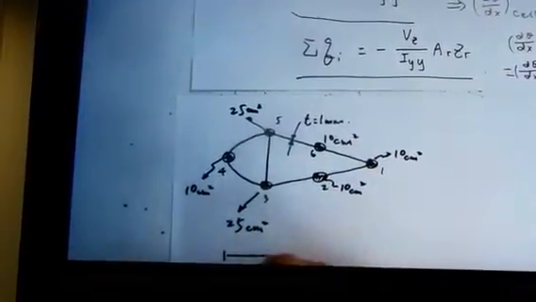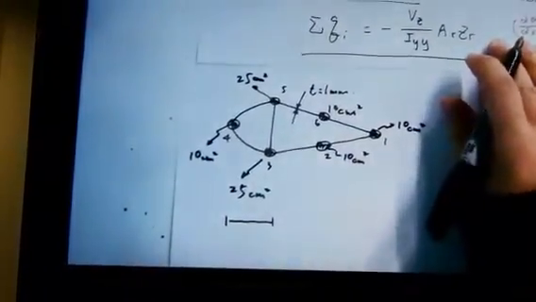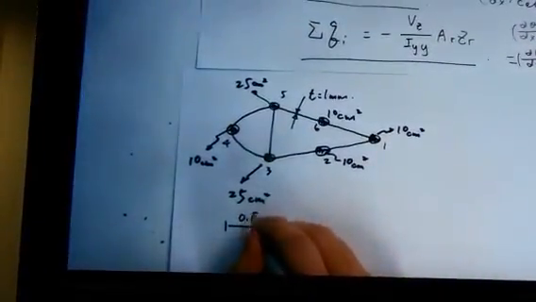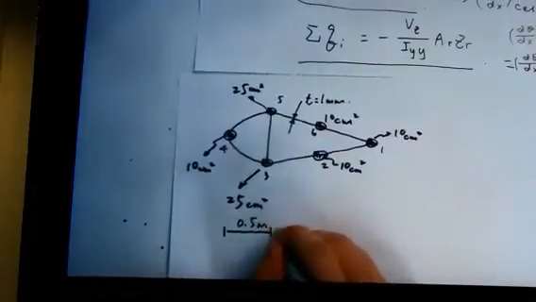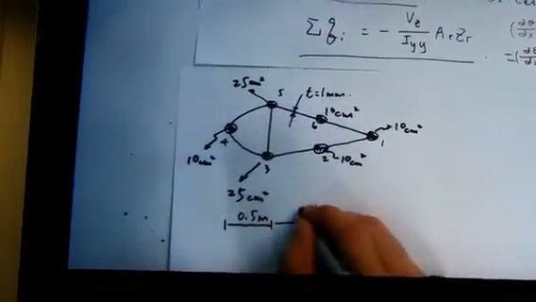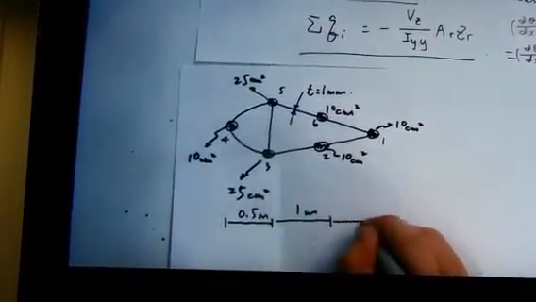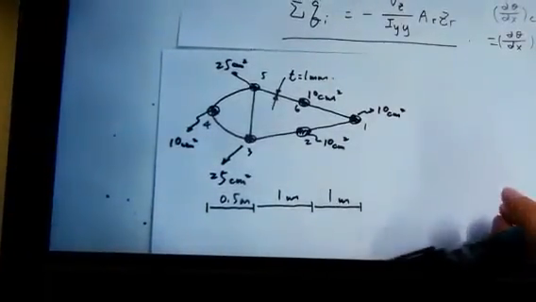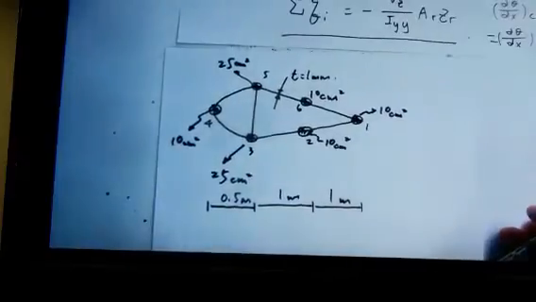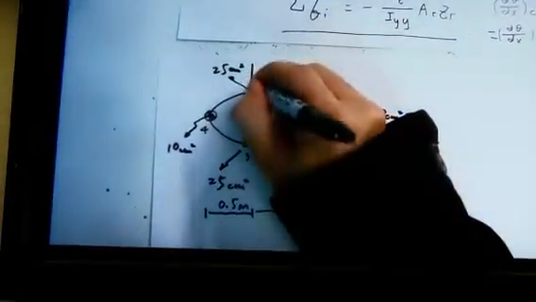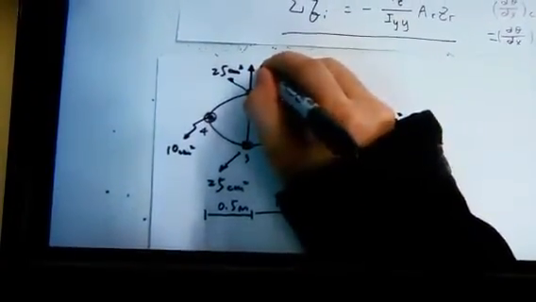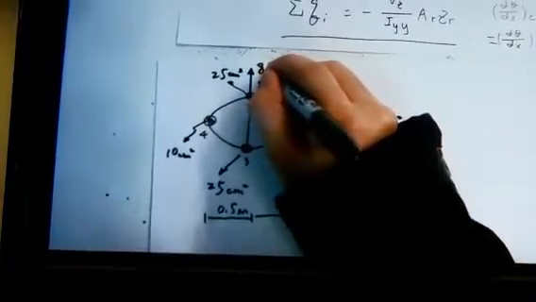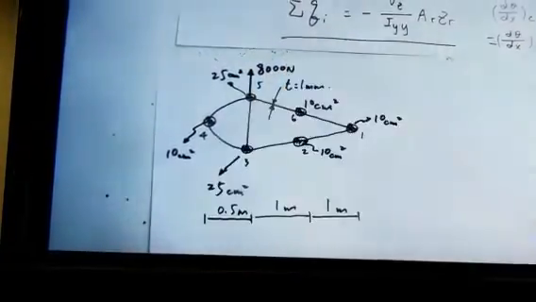From here to here is half a meter. Here to here, 1 meter. Here to here is 1 meter. And the loading is applied on the 5th boom area, is 8,000 Newton.